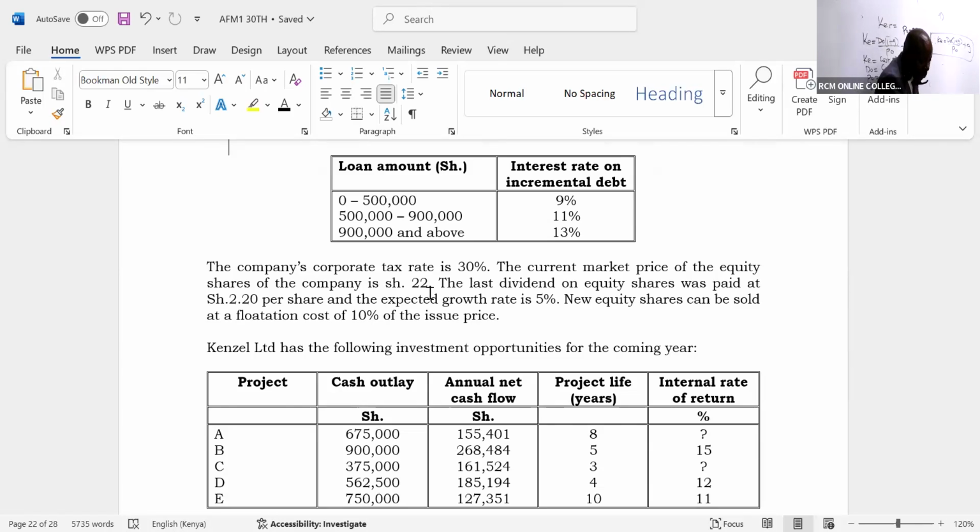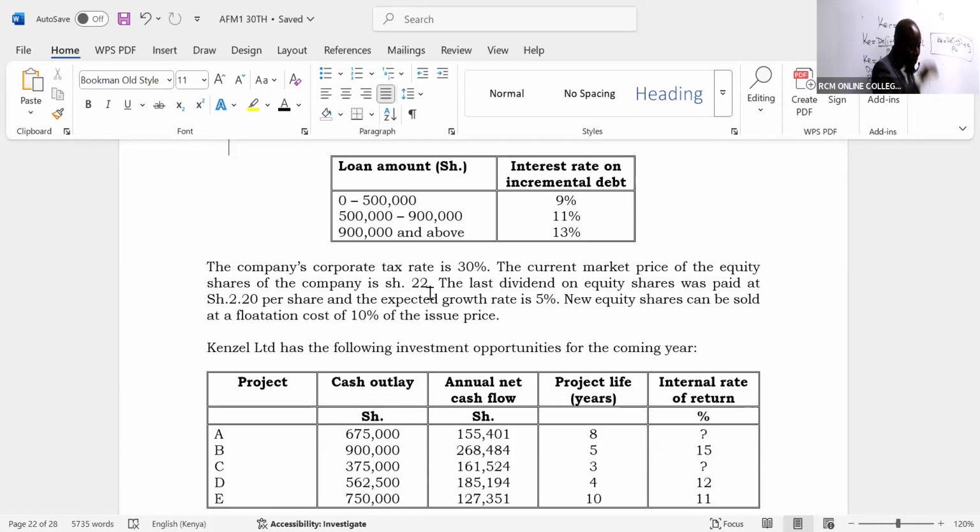We are told the last dividend on equity shares. Last means D0, historical. So the last dividend paid, which is D0, is 2.2. And the growth rate expected is 5%.